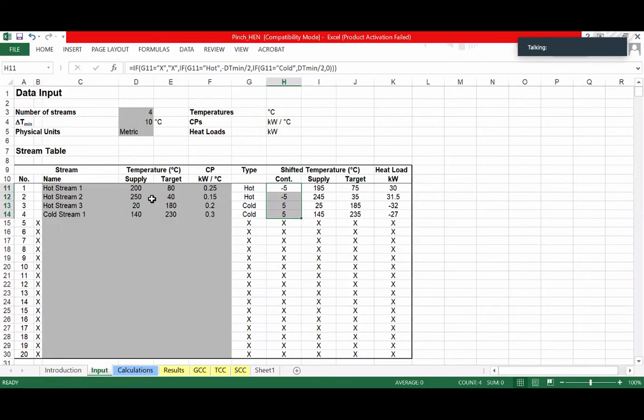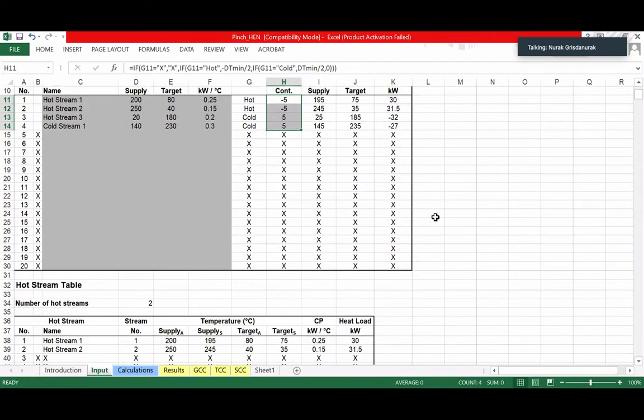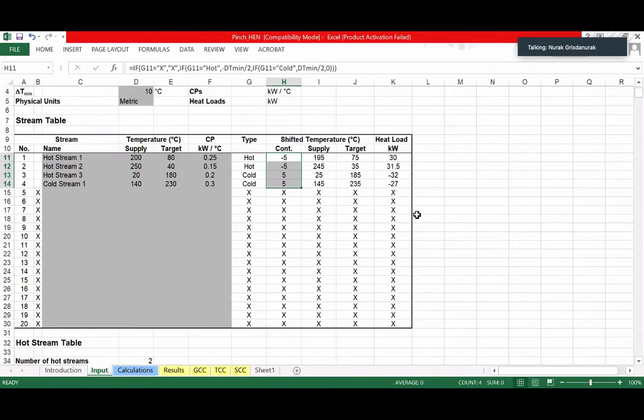Has everyone finished putting in the data? Yes. Does everyone have the data in the Excel file? Done. So next you go to the result.